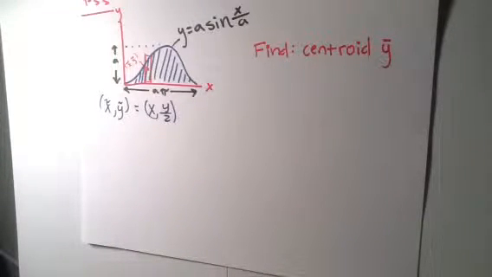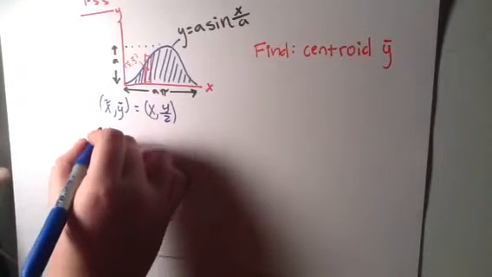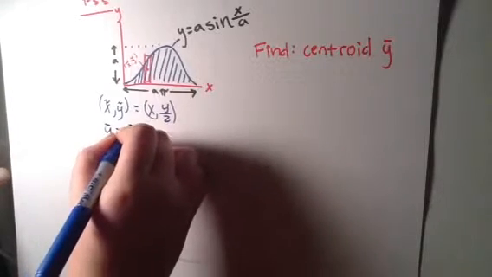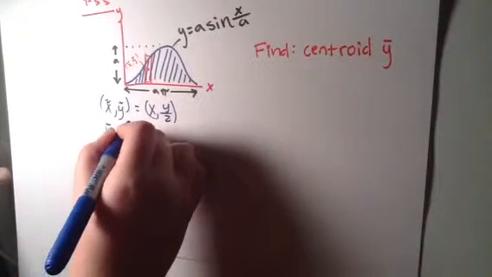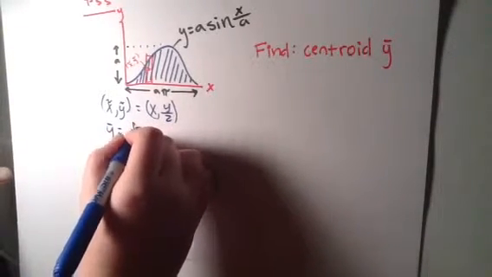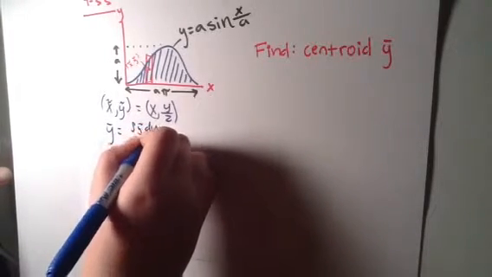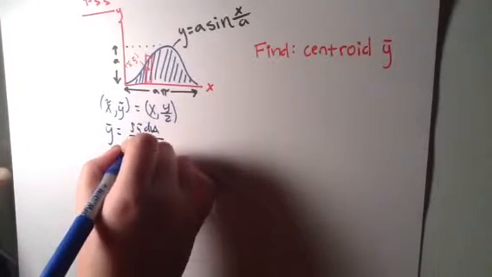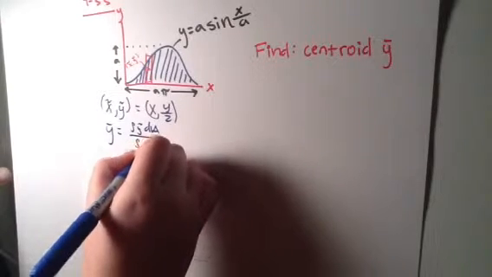So, to find how far the centroid is in the y direction from the origin, we'll use the equation y bar equals the integral of y squiggle dA over the integral of dA.